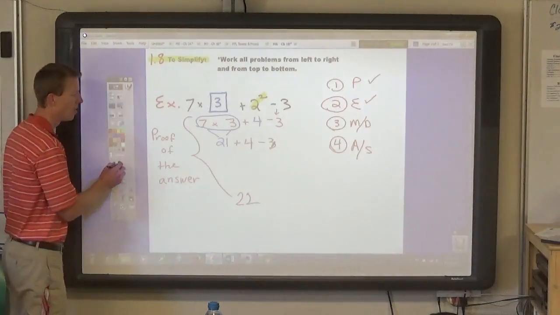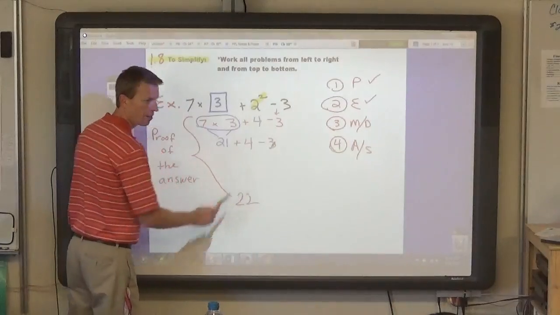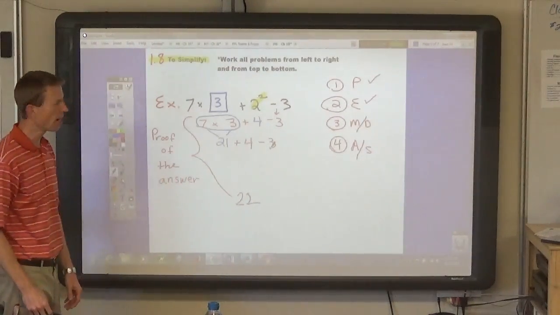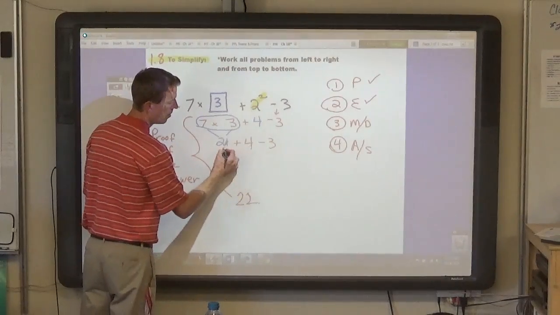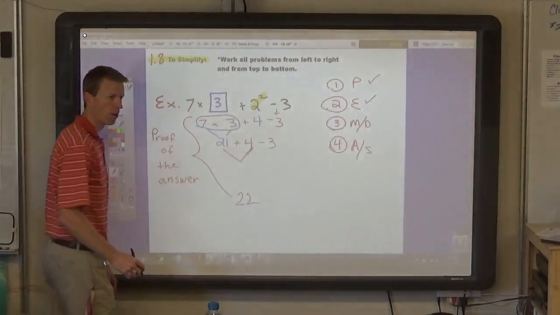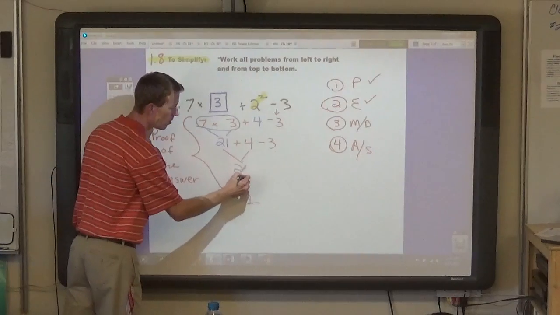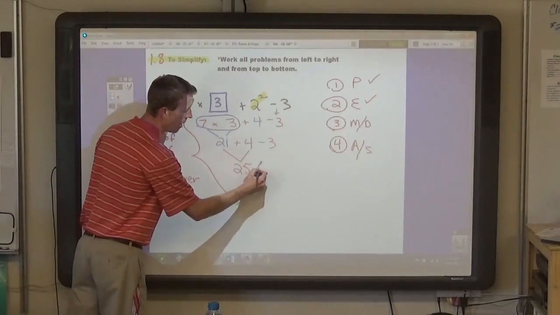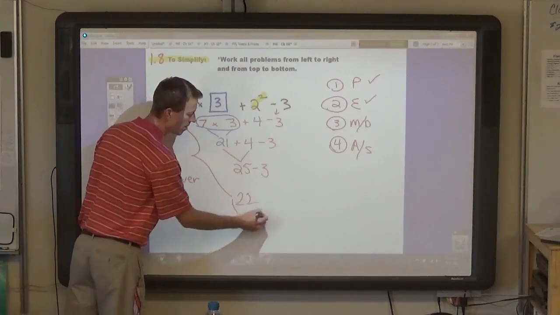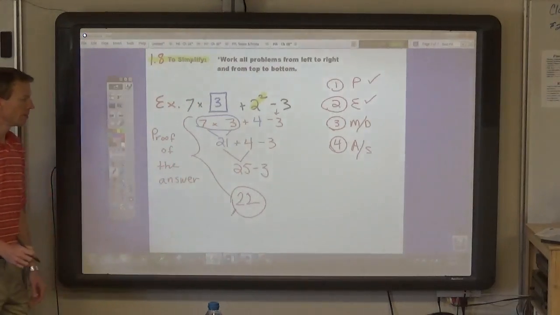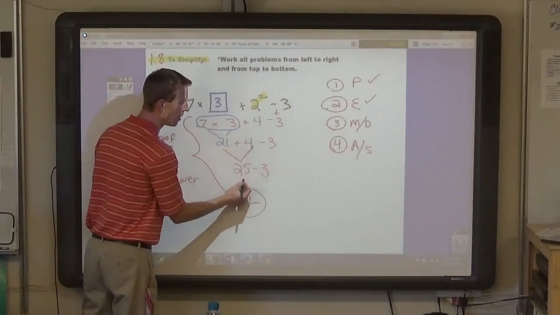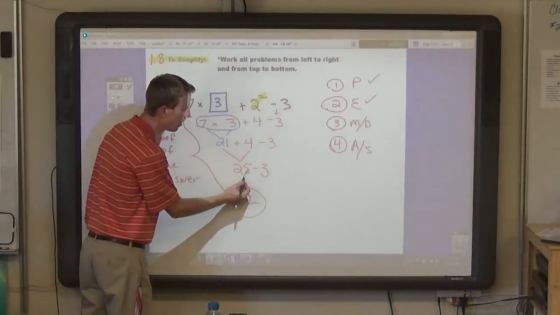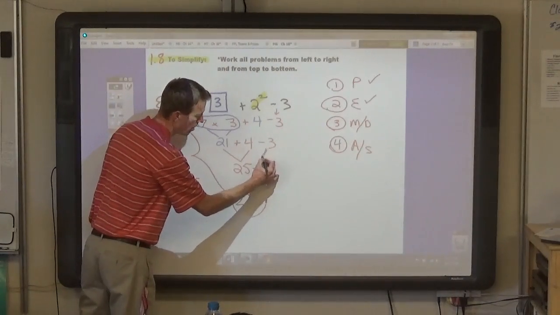Now, we do a plus and minus, or addition and subtraction, in order from left to right. So, 21 plus 4 is 25, minus 3 is 22. So I did the 21 plus 4 and wrote it underneath that expression.